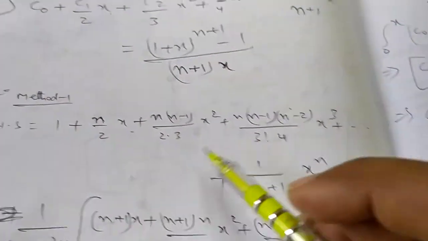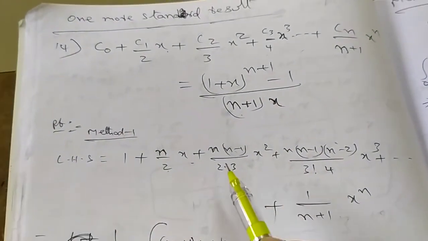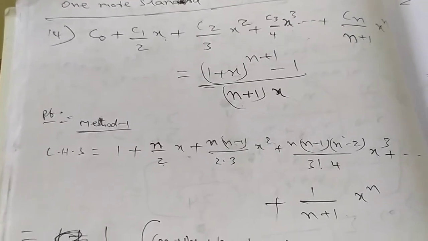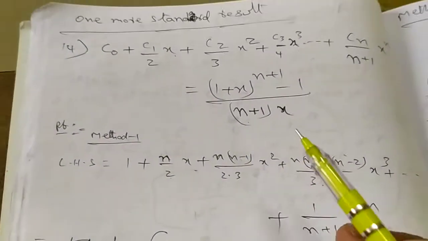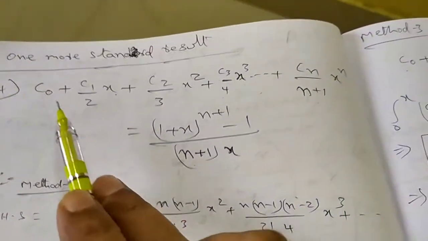We can prove this one in many methods. Here I am giving 3 methods, but I am explaining only the first method, and I will send the class notes. By seeing the notes you can understand the remaining 2 methods of proof. See the first method, LHS.